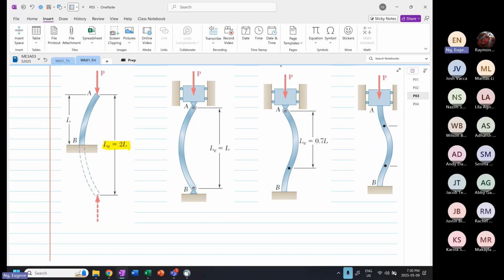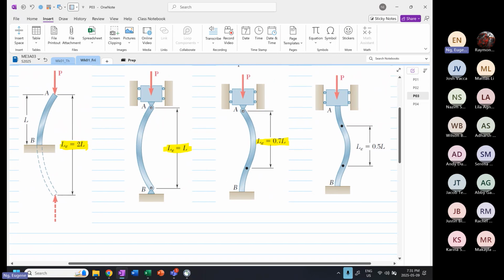And then if both ends are pinned, LE is equal to L. When one end is pinned and the other one is fixed, LE is equal to 0.7 L. And finally, if both ends are fixed, LE is equal to 0.5 L.